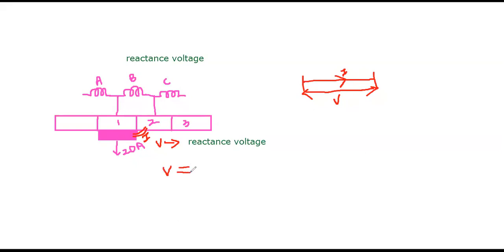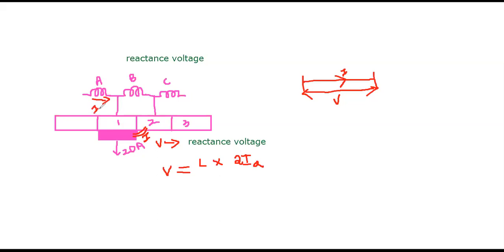Coming to the formula of the reactance voltage, it is L, that is the inductance value of the phase A, phase B, and phase C coils, into the total armature current from the brushes, that is 2IA, right?